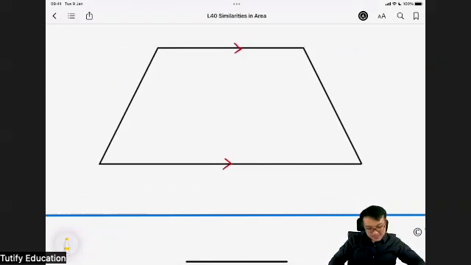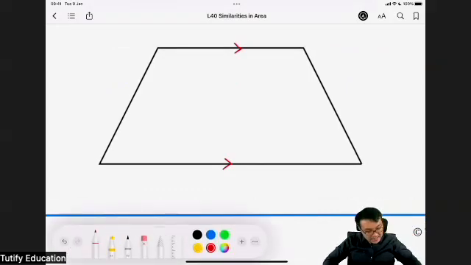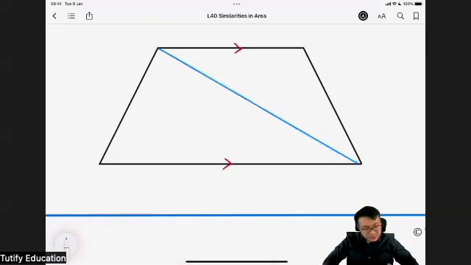No. What if I drew a line like this? Then will you be able to find the area of this trapezium? What shapes do you see? Two triangles. Two triangles, correct.